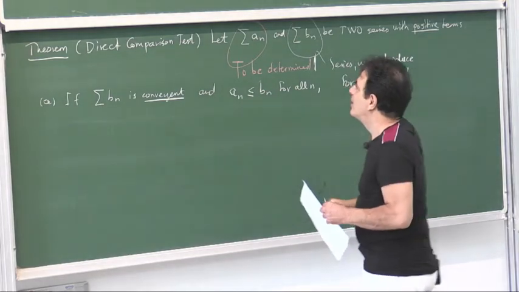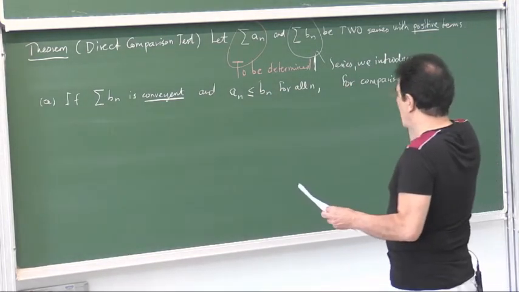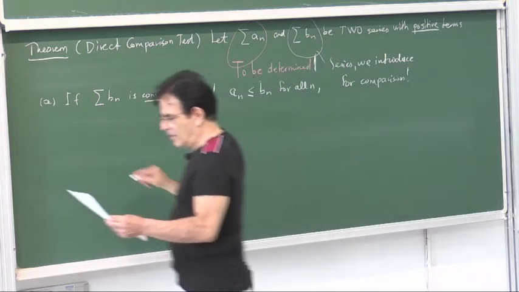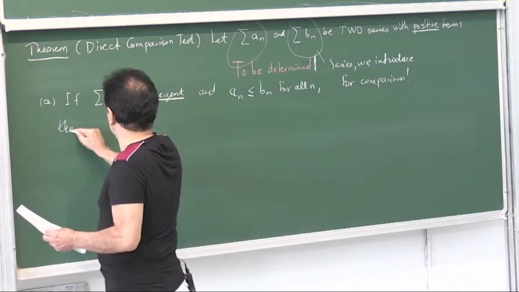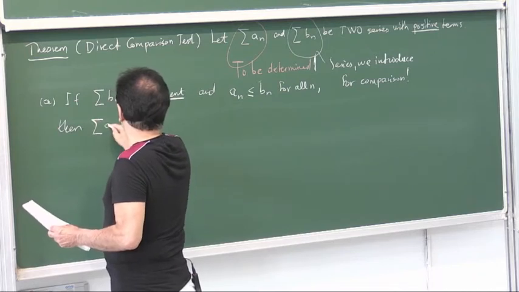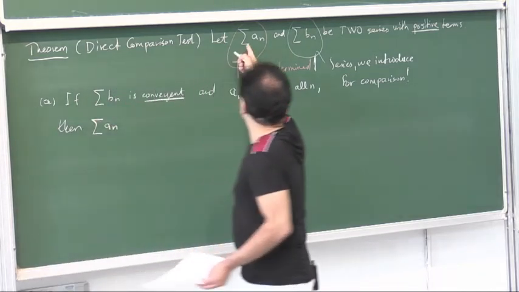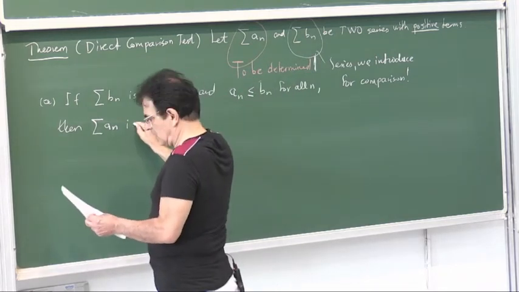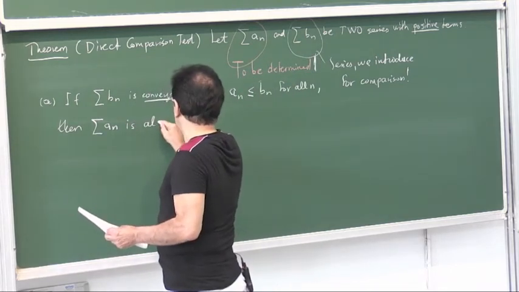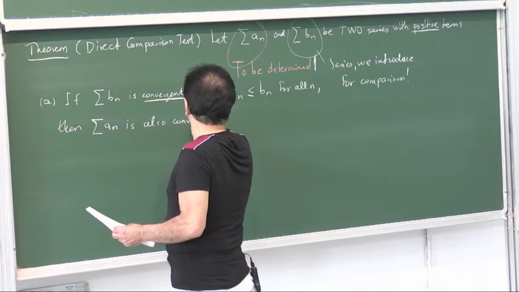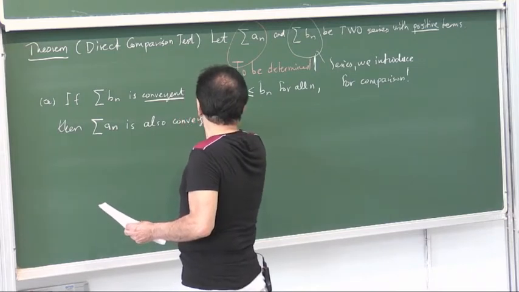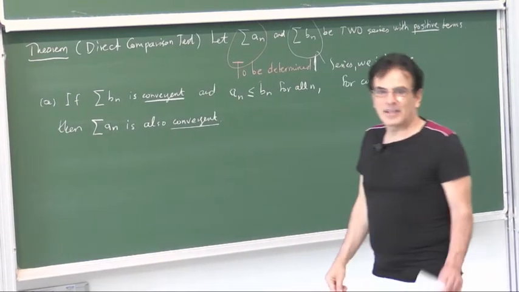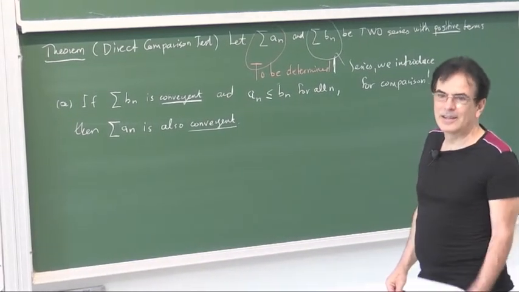This is known. And if this is the case, then sigma AN, which is to be determined, is also convergent, by the simple comparison test.